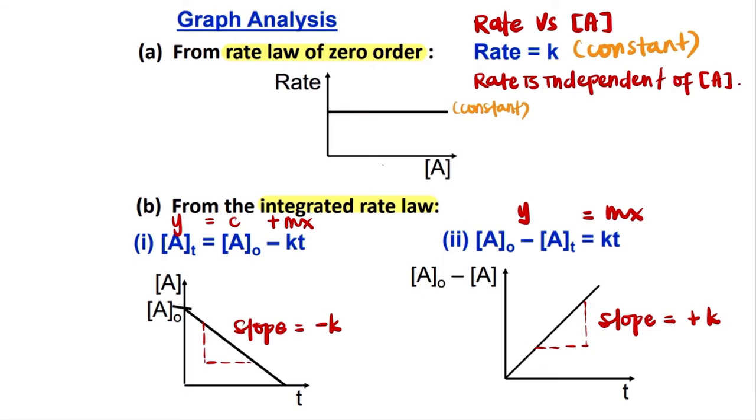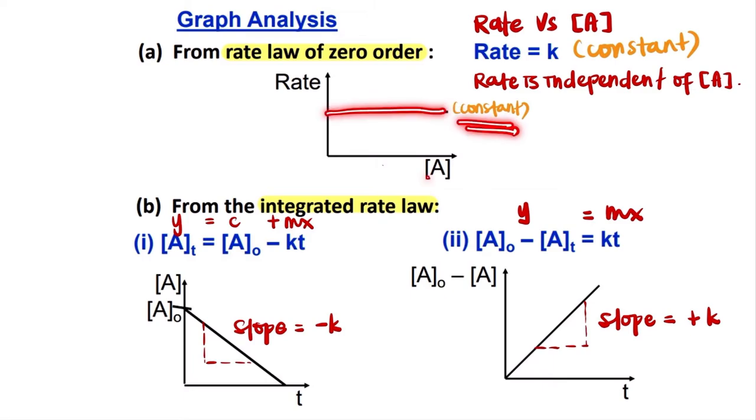So your rate law for zero order reaction is rate equals to K. So from here you can plot a graph of rate versus concentration, okay. So if you plot this graph, rate versus concentration, you will get a straight line like this. It is constant, okay.